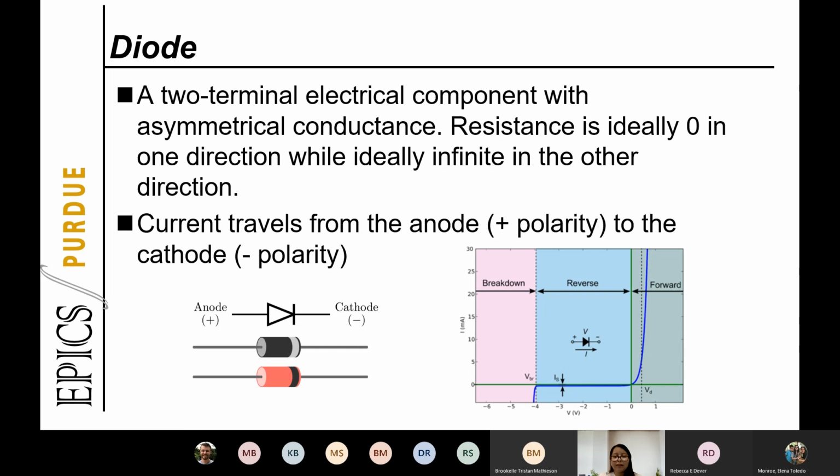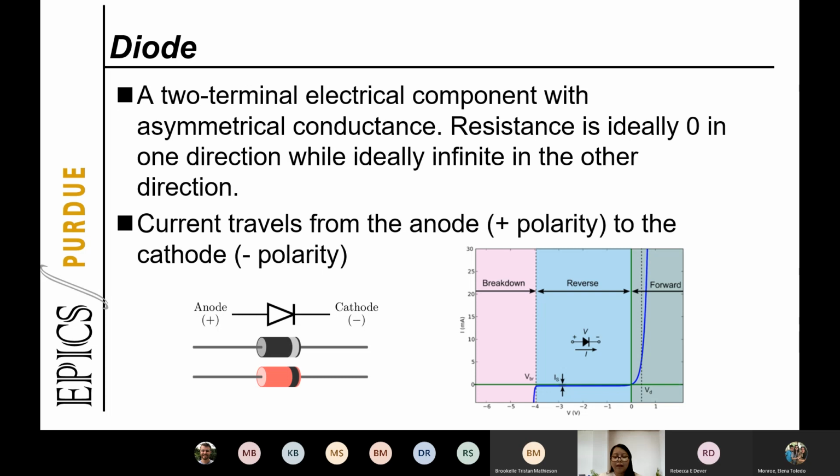And then let's talk a little bit about a diode. This diode is a two-terminal electrical component again, so it will have 1 and 2 terminals. And it doesn't have any resistance, so the current will go through directly.